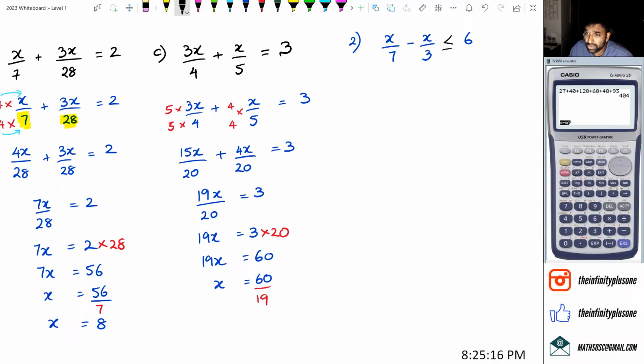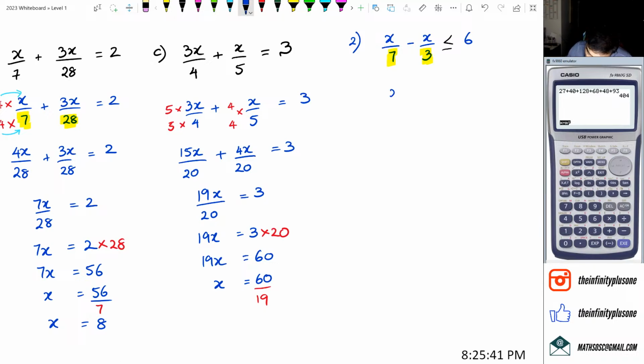All right, guys, I'm going to start doing this question slowly. I purposely made this one a little bit trickier, but it should be okay, because as I said, just treat that less than or equal to sign as equals. We've got 7 and 3, and we know the lowest common multiple is 21.